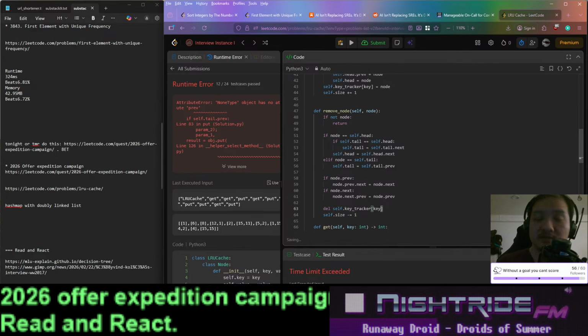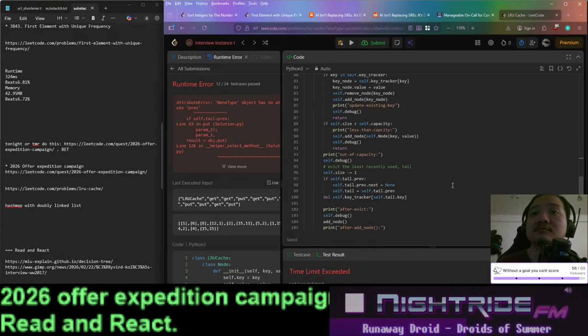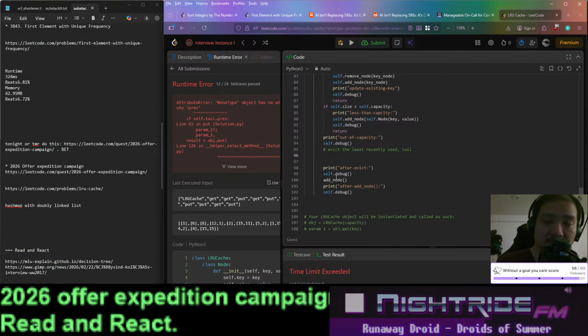Right, so basically if node.key is in self.keyTracker, and we delete that. Right, this is nothing but delete the tail, right? So this self.remove_node.